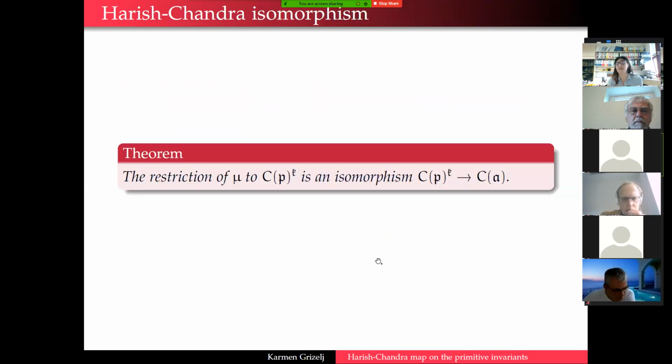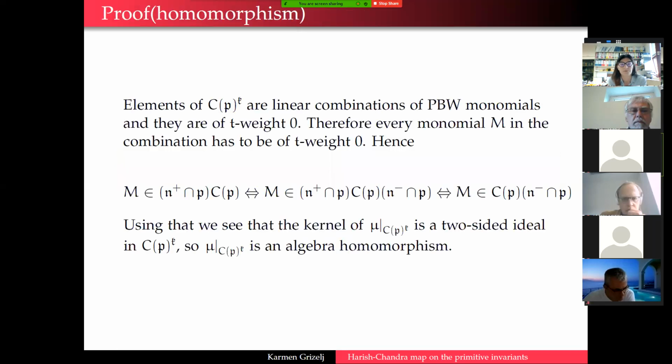So, as I said, the theorem states that the restriction to K invariants is actually an isomorphism between K invariants and the Clifford algebra of A. First we have to prove that it's a homomorphism.